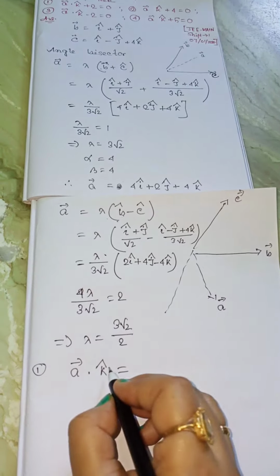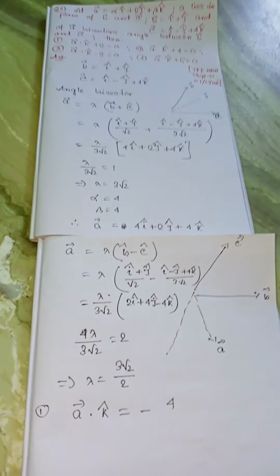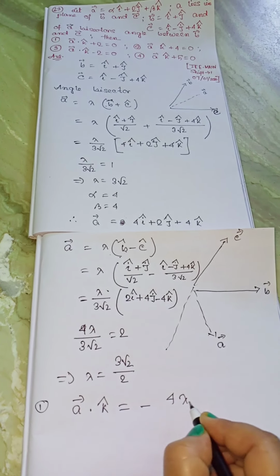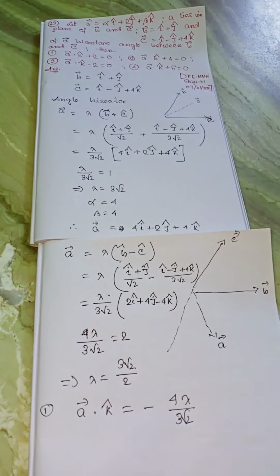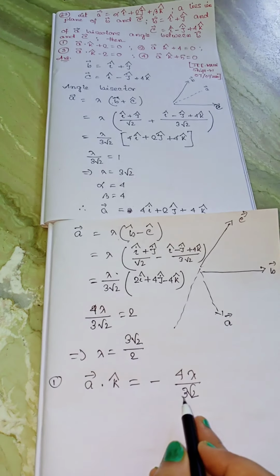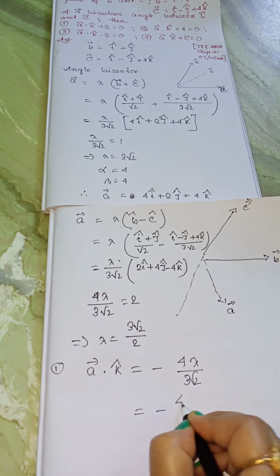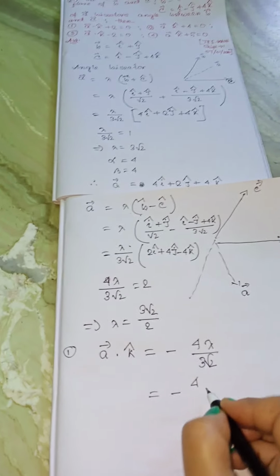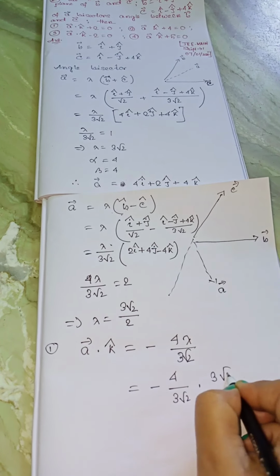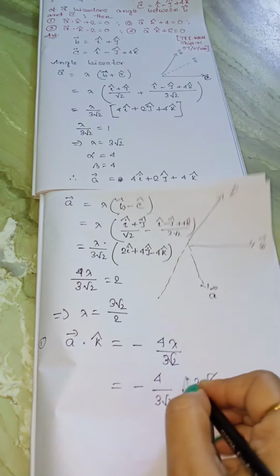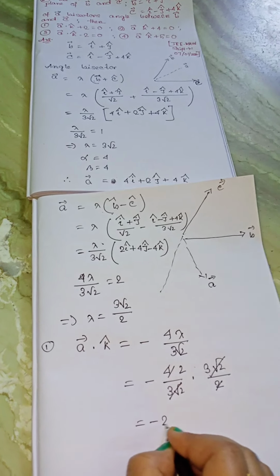A vector dot k cap means minus 4 lambda divided by 3 root 2. Putting the value of lambda, minus 4 by 3 root 2 into 3 root 2 by 2, eliminating 3 root 2, it becomes minus 2.